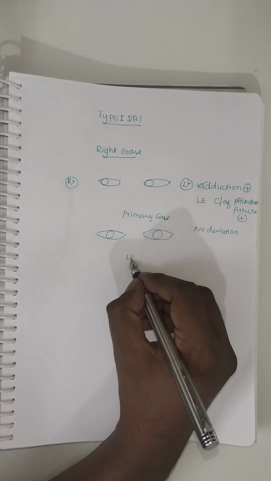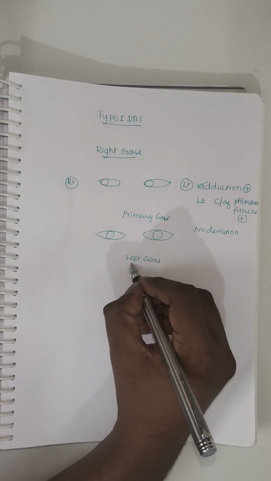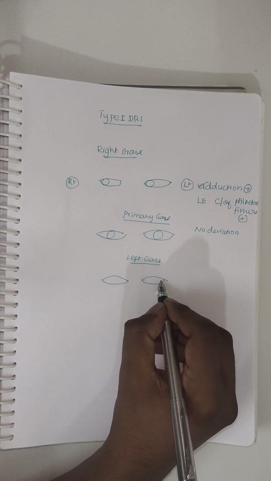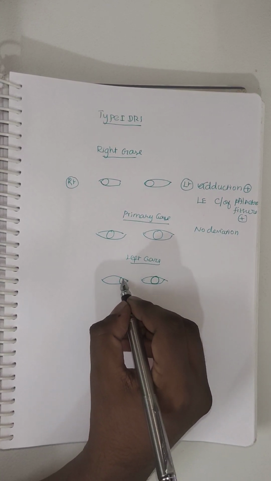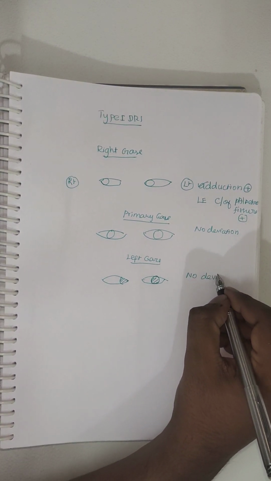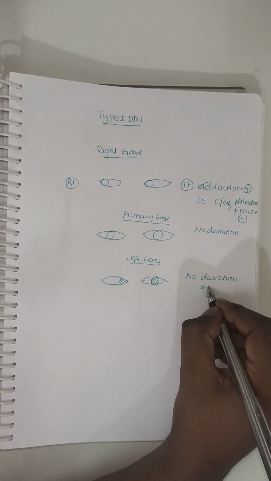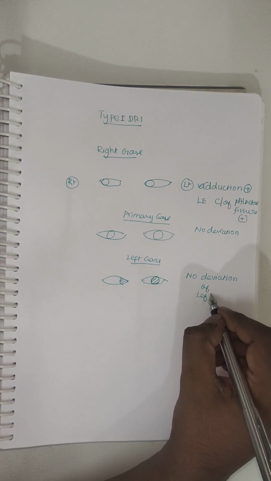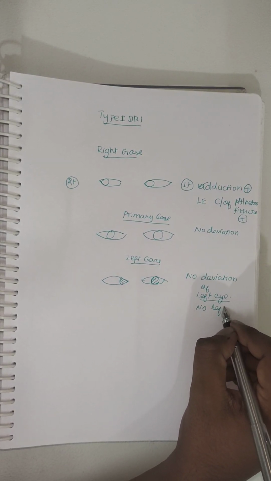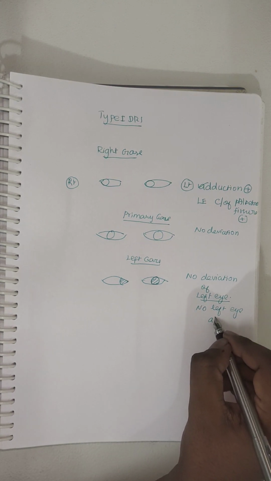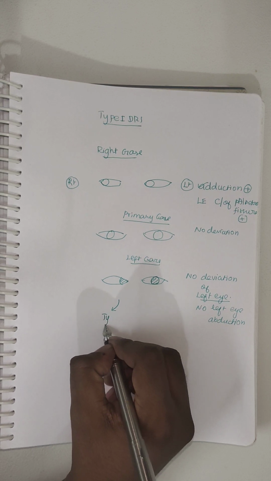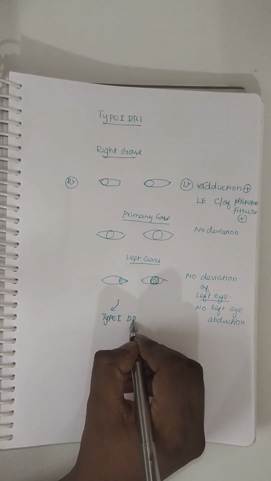On left gaze, there is no deviation of the left eye, that is, no left eye abduction. This is the case of type 1 DRS.